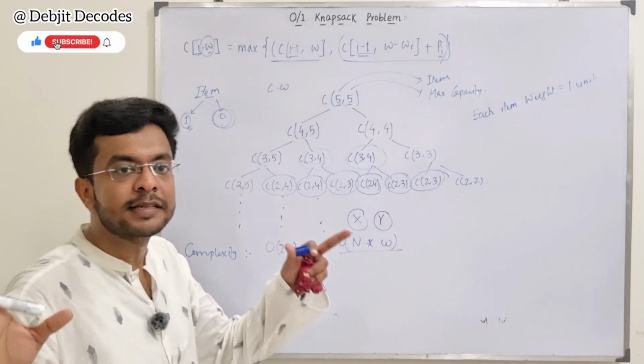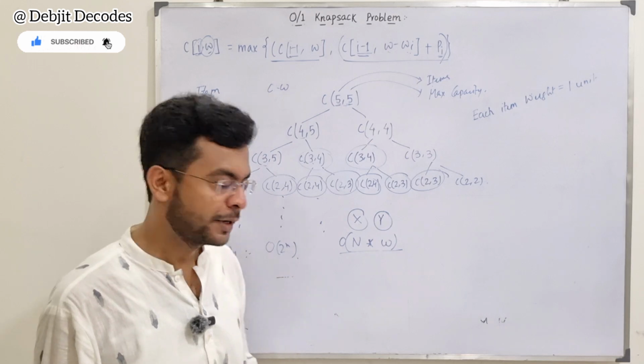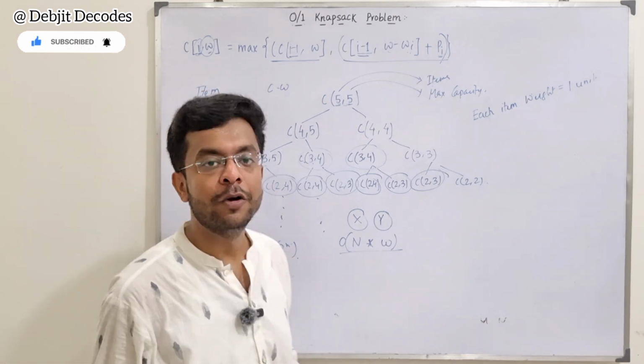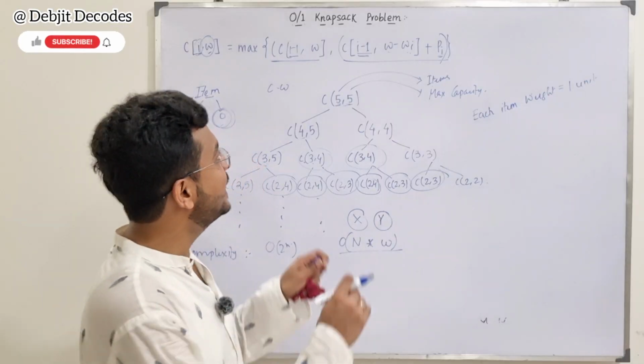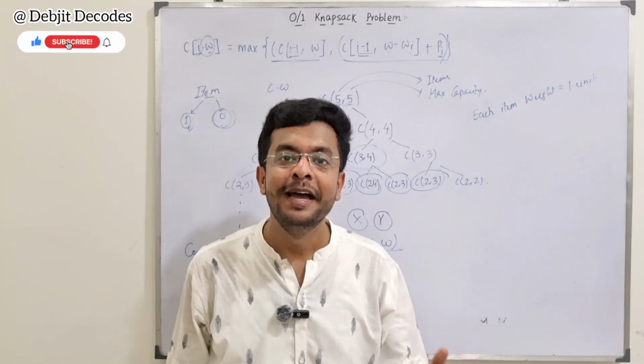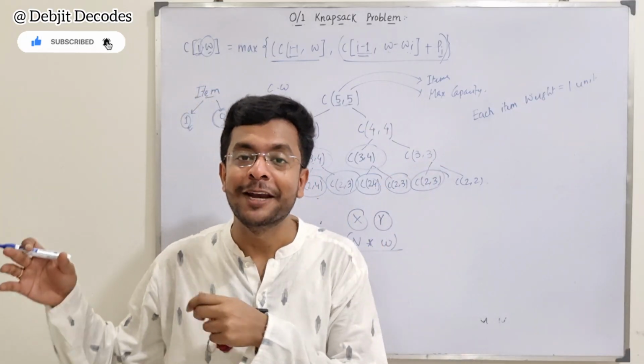Because this is the size of the table, N cross W, or say N plus 1 cross W plus 1, whatever. It was initially 2 to the power n plus 1 or 2 to the power n, anything like that. But here it is becoming order of N cross W. So that is all about how the optimal substructure is coming, how the overlapping subproblem is coming, how to solve it, and why it cannot be solved using greedy.